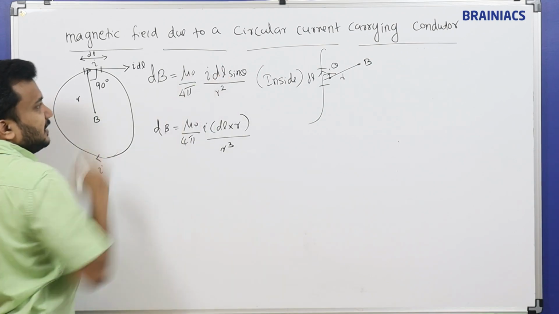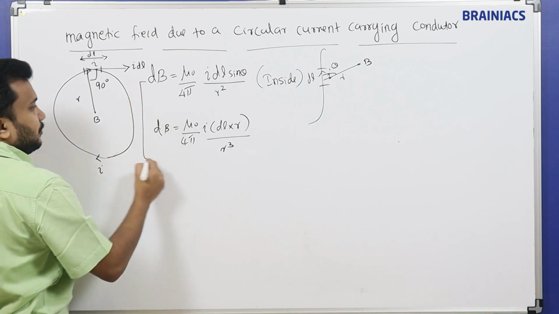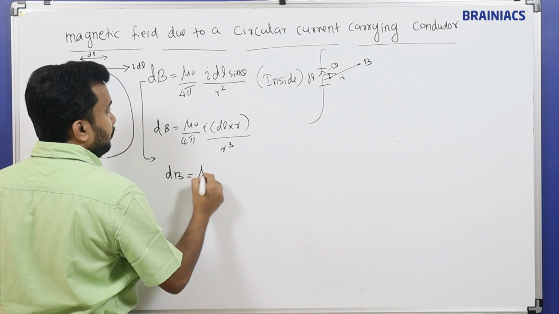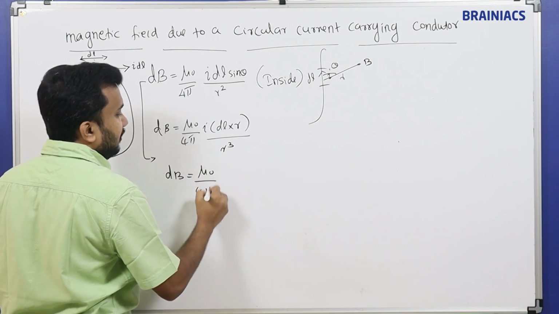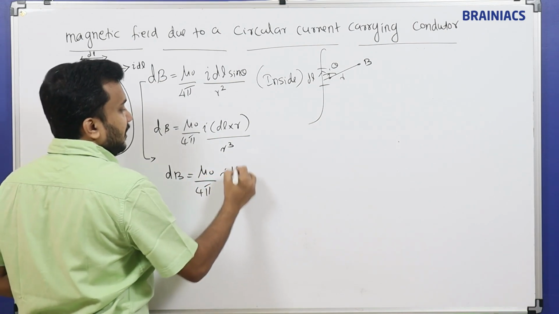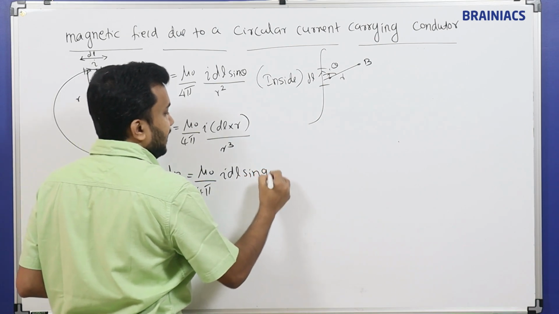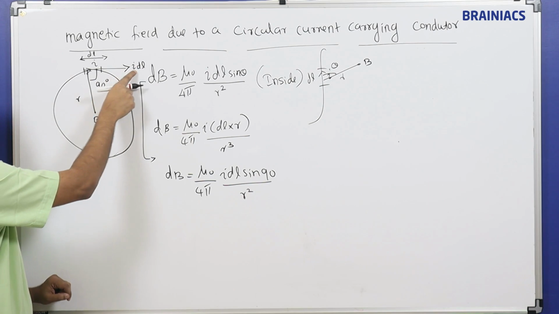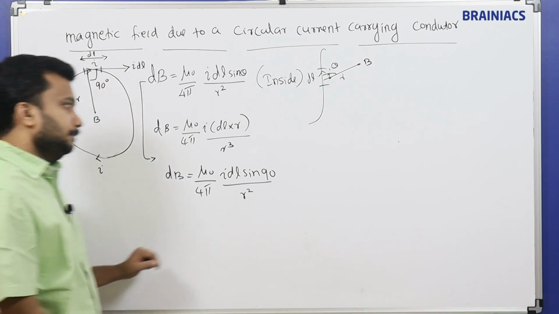Now we'll substitute: dB is equal to mu 0 by 4 pi I into dl into sine of 90 divided by r square, because I know the angle between I dl and r.